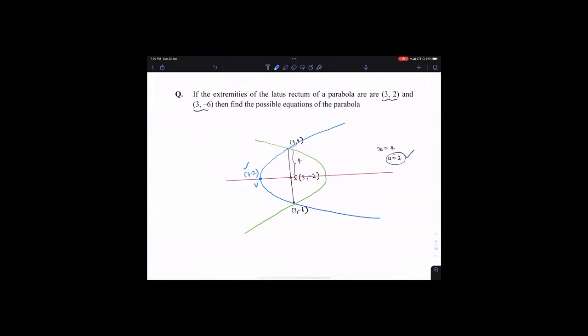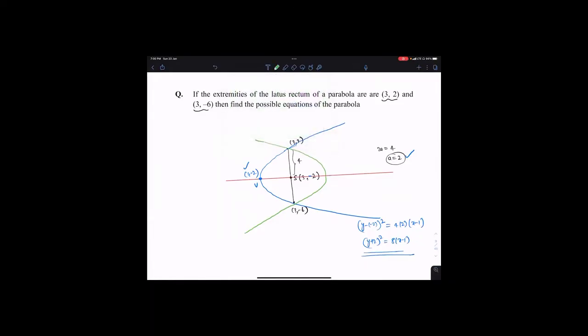You know the a. You know how the parabola is opening. It is opening to the right side. What will be the equation? (y - (-2)) whole square. y square equals 4ax type it will be now. Equals 4 into a, that is 2. Instead of x, you have to write x - 1. So (y + 2) whole square equals 8 times (x - 1). Okay. So that is the one possible equation.